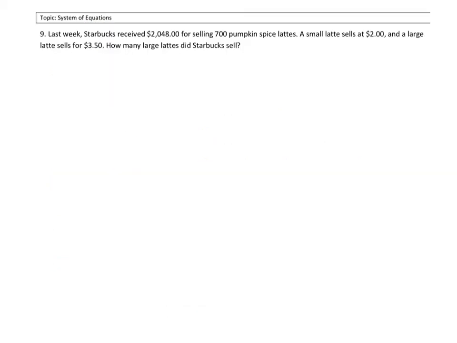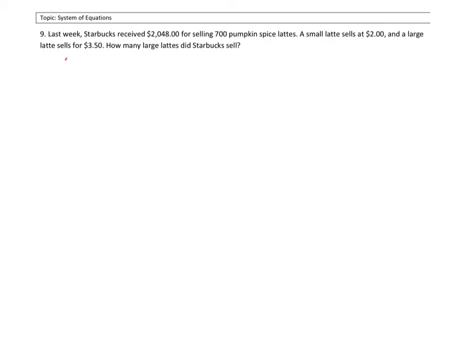Okay, number 9, systems of equations. Last week, Starbucks received $2,048 for selling 700 pumpkin spice lattes. A small latte sells at $2 and a large latte sells for $3.50. How many large lattes did Starbucks sell? Okay, so they are asking specifically for the number of large lattes, but of course there are two different unknowns here.